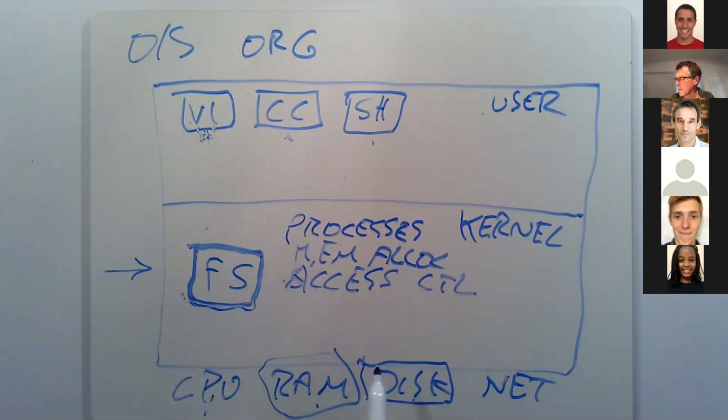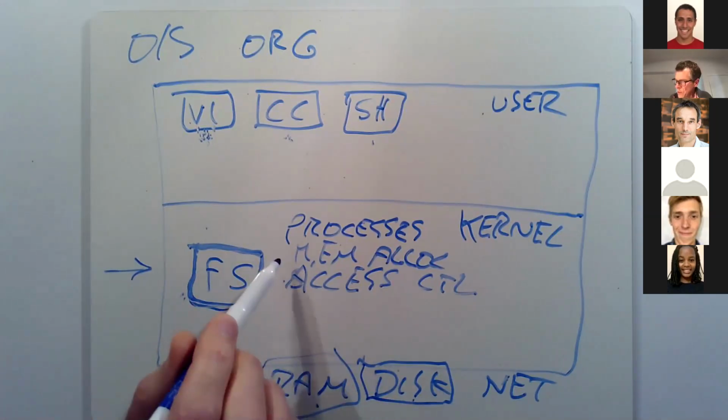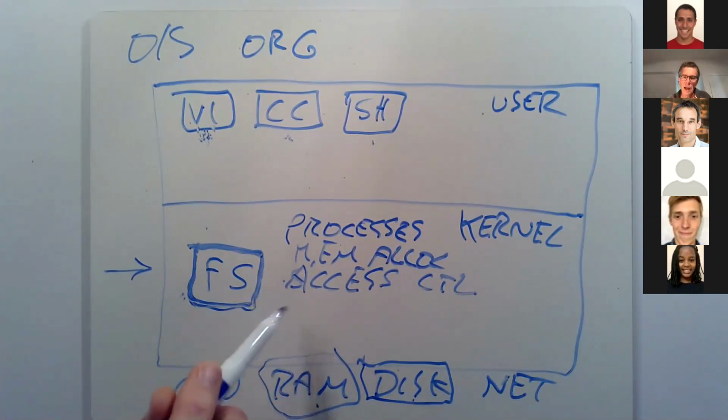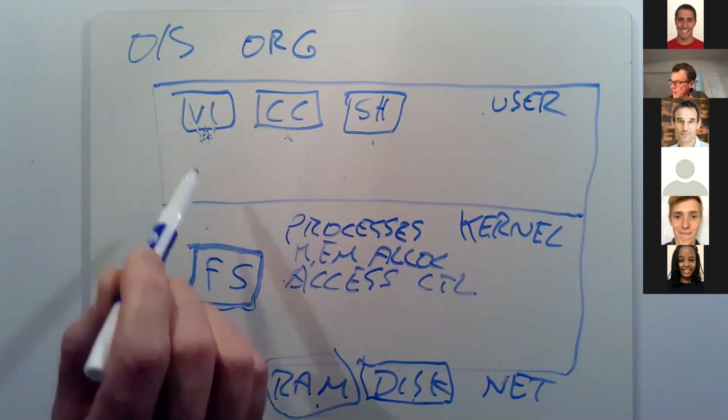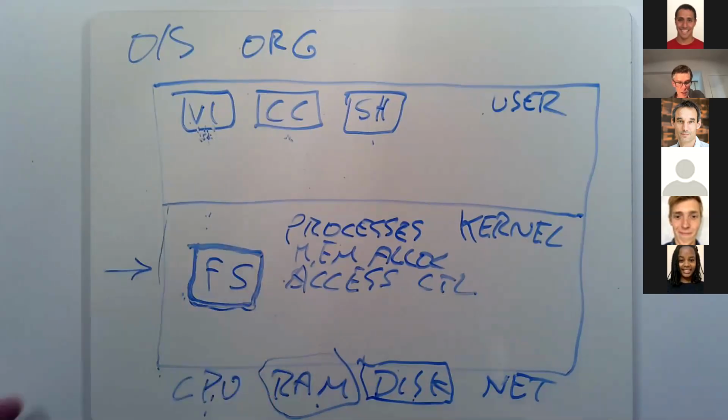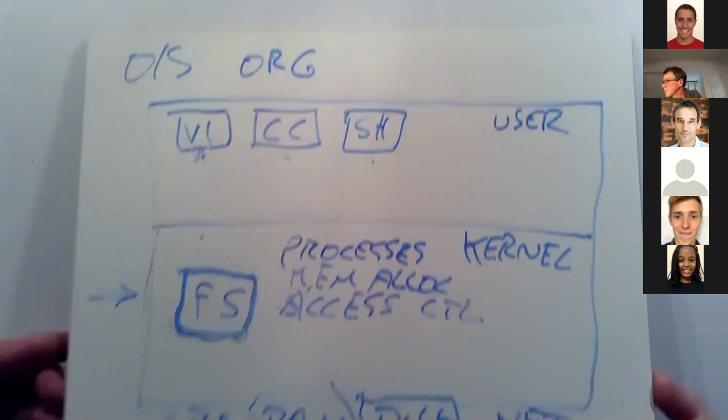There may be drivers for hundreds of different disks and hundreds of different network cards. So in a full-blown operating system, there's a huge amount of stuff here, and this may run to millions of lines of code inside the kernel. So that's a quick overview of what's inside the kernel. We're also interested in how applications interact with the kernel and what that interface looks like.